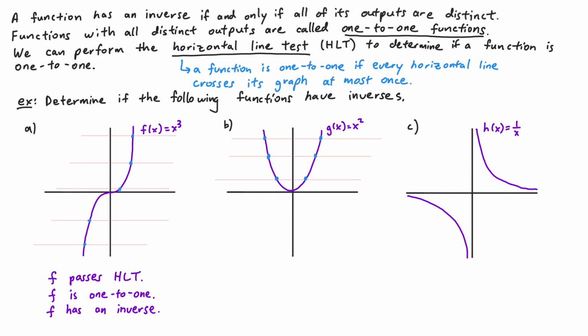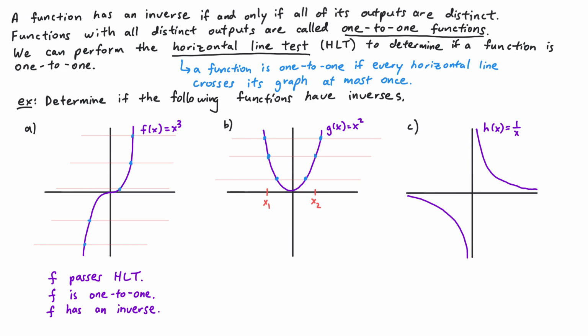Let's label the x values where these crossings occur. We'll call this x1 and we'll call this x2. Since the points at x1 and at x2 are on the same horizontal line, we know that they have the same y value, which means that when we input x1 into our function and when we input x2 into our function, we're getting the same output.